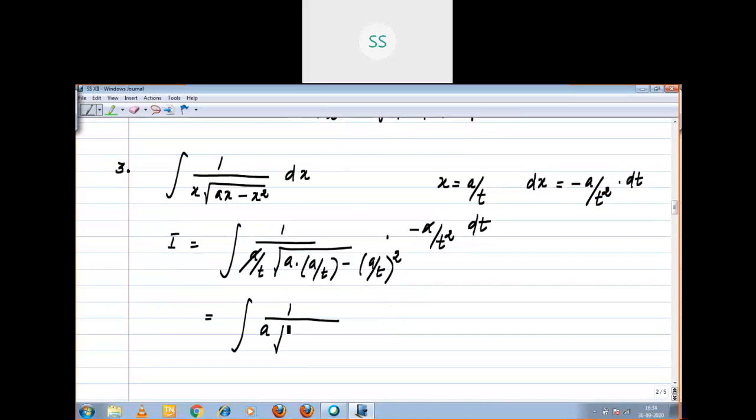Now see here, I am going to simplify the format.